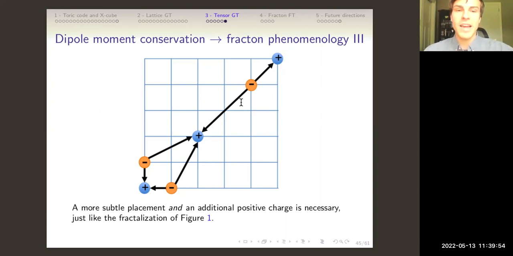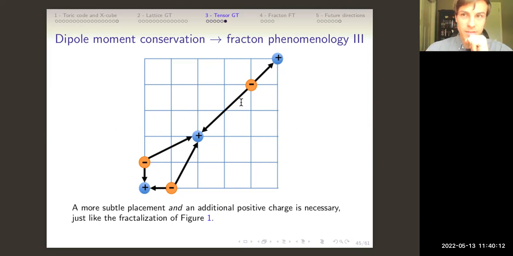So this is how this kind of higher rank order of gauge fields and electric fields necessitated dipoles, or gave us dipole symmetry, which described the phenomenology that we saw in the spin models.